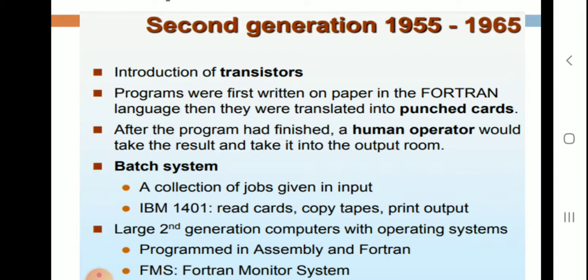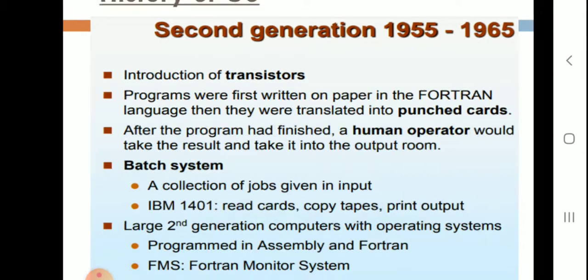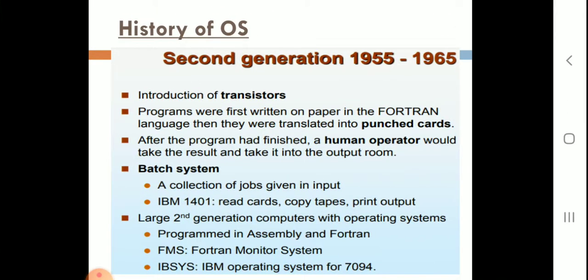So it works as a batch system, a collection of jobs given as input. The IBM 1401, which read cards, copied tapes, and printed outputs, is one example. The larger second generation computers with an operating system were programmed in assembly and Fortran language, and also used the Fortran Monitor System, or FMS. The third one is the IBM operating system for the 7094 computer.